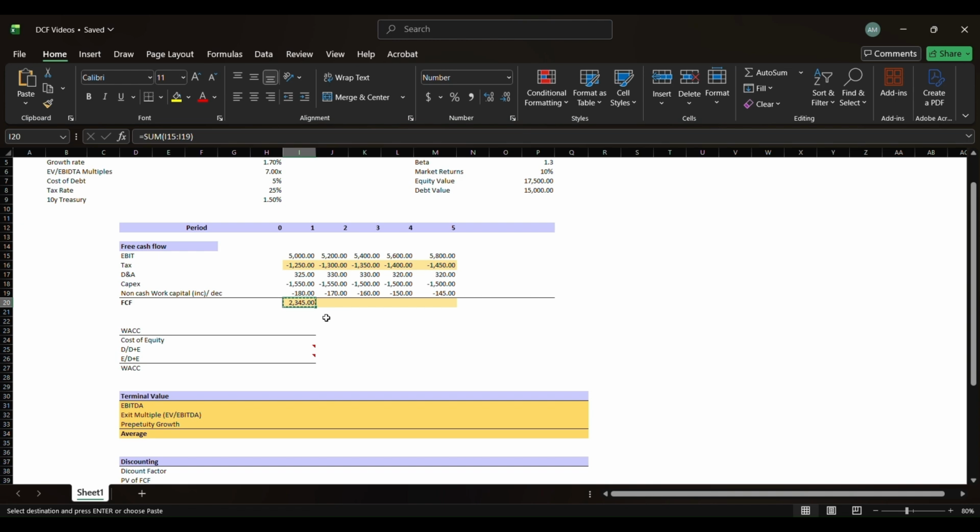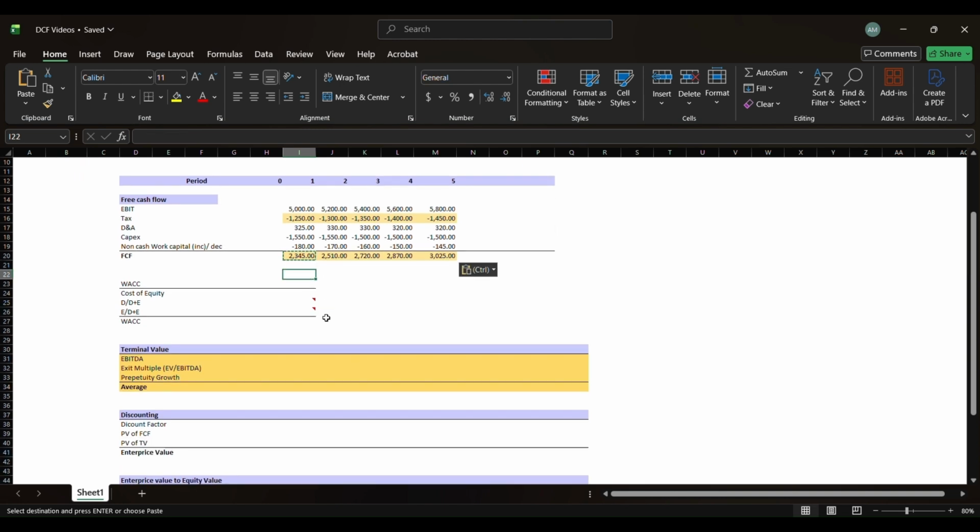Now you copy and drag this number from year 1 to year 5. So see, after adjusting all the components, free cash flow increases from 2,345 in year 1 to 3,025 in year 5, showing strong and improving cash generation.